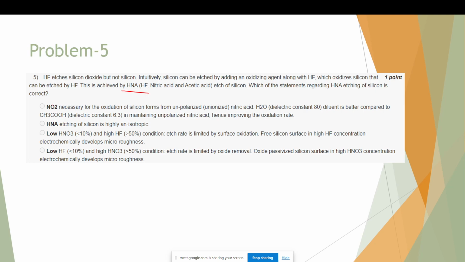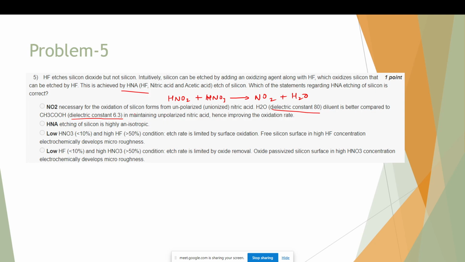NO2 is formed when HNO2 reacts with HNO3, giving NO2 and some other byproducts. Water, with dielectric constant 80, they say, is better compared to CH3COOH in maintaining unpolarized nitric acid, hence improving the oxidation rate.